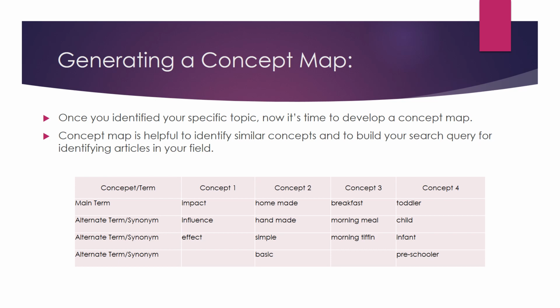So in each row we try to use the main term and alternate terms or synonyms, and in the columns we have the concepts. For example, if you have the concept impact as concept 1, you can use influence or effect as alternate terms for this concept, and maybe for homemade the alternate terms or synonyms are handmade, simple, basic and so on.